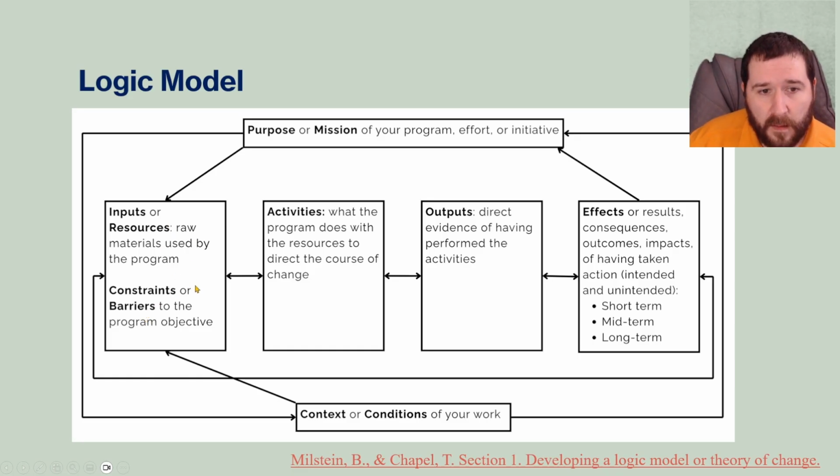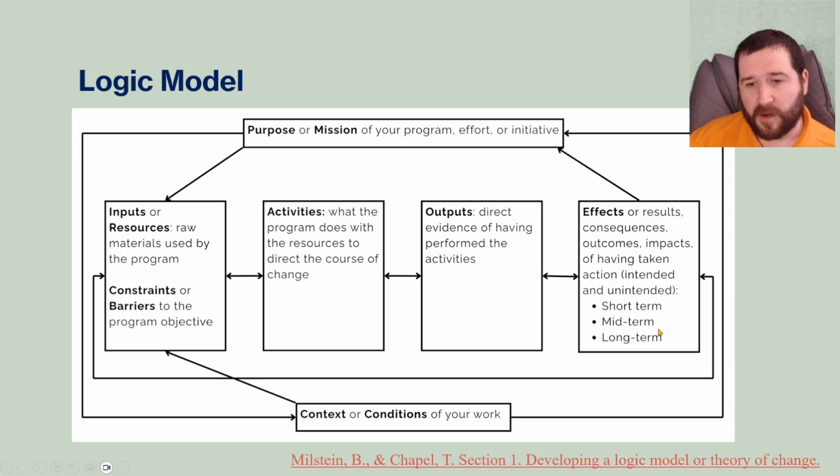From there, the program should run activities. What is the program actually doing? That's the activities section. Those activities lead to outputs. As a result of this activity, what has changed? And finally, those changes lead to long-term effects.